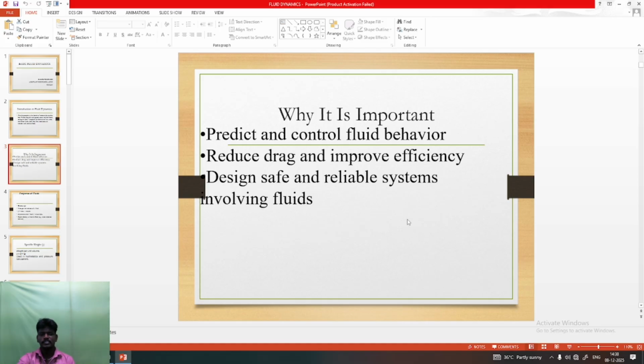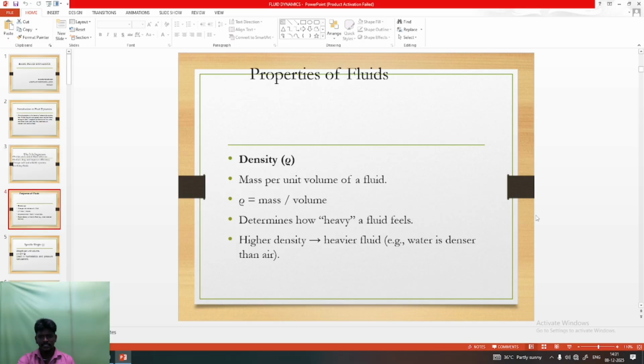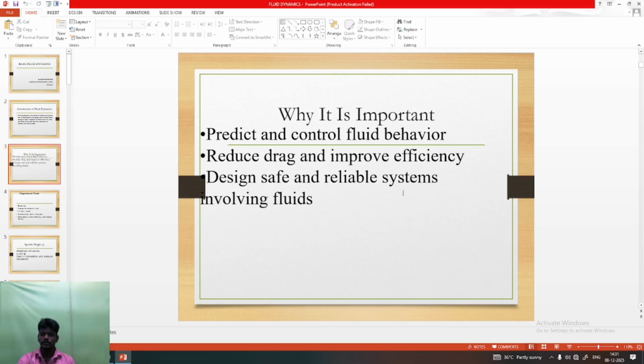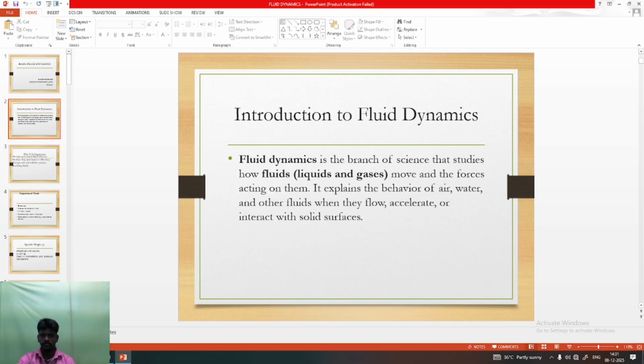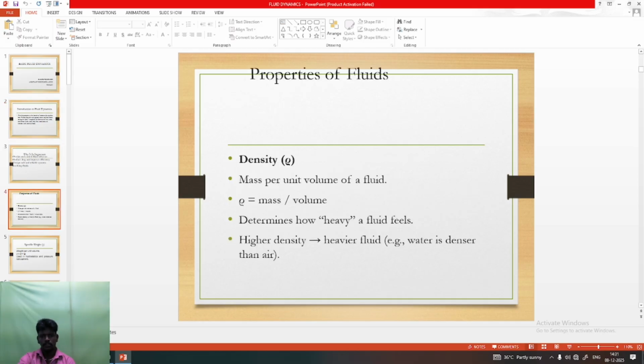Next, the properties of fluids. What properties do they have? First of all, density, represented by rho. Generally, mass per unit volume of a fluid is called density. That means rho equals mass divided by volume.